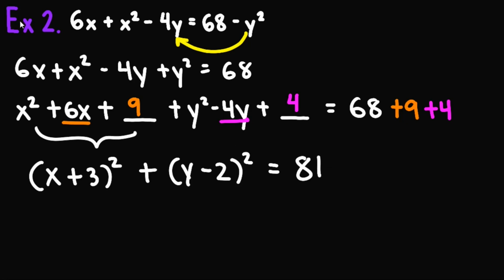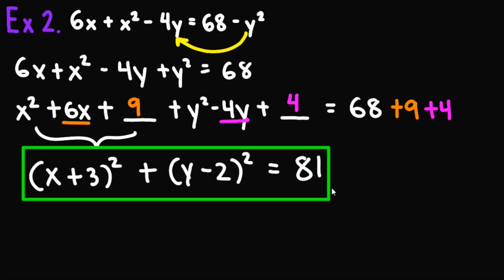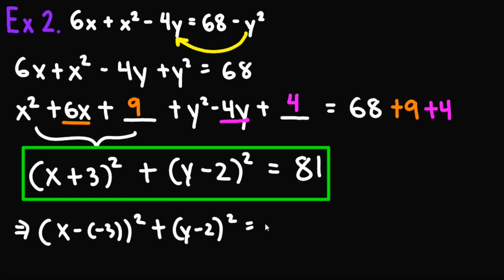So this here is already our center-radius form. If we want to get the center and the radius, take note that we can express this one as x minus negative 3 squared plus y minus 2 squared equals 81, which is 9 squared.